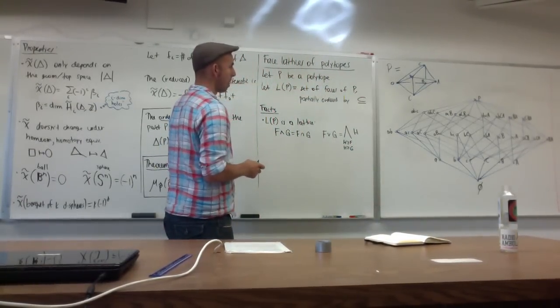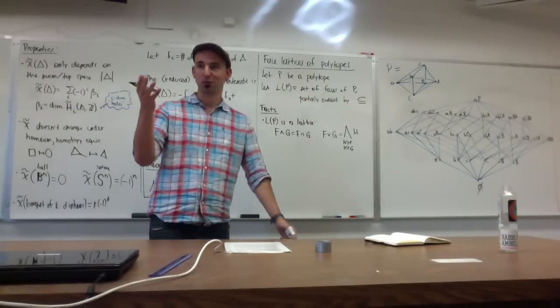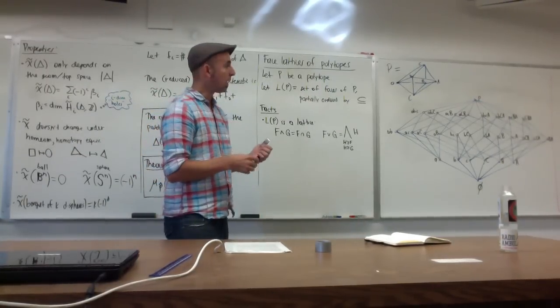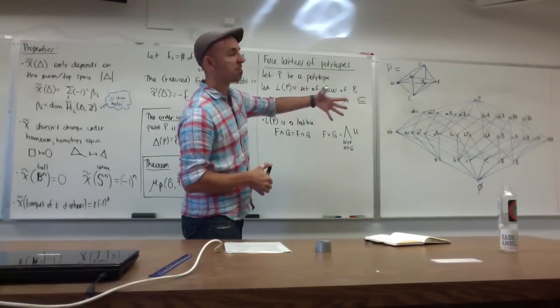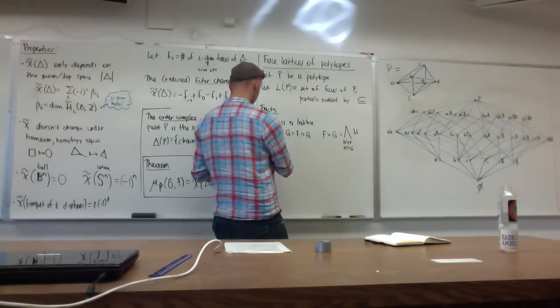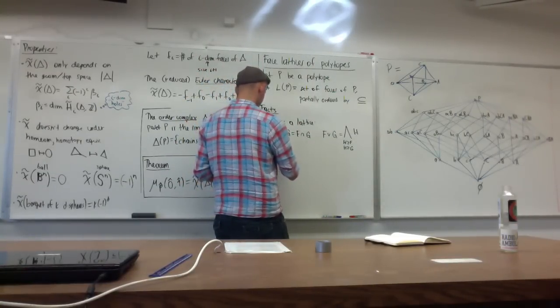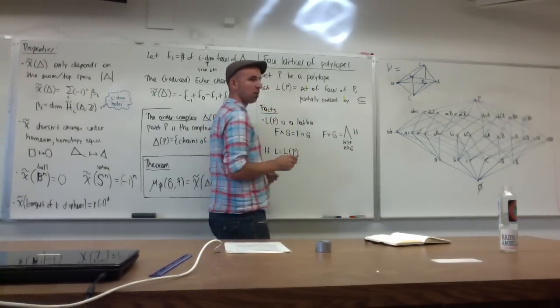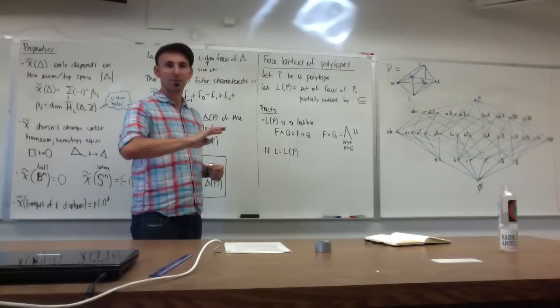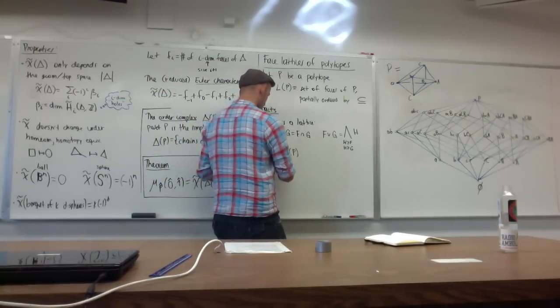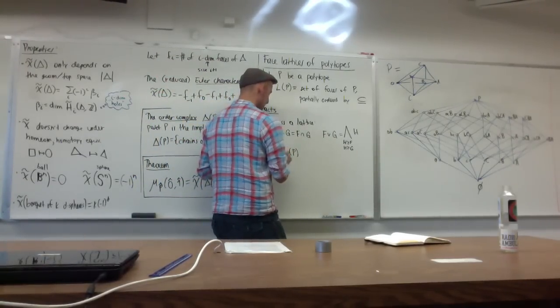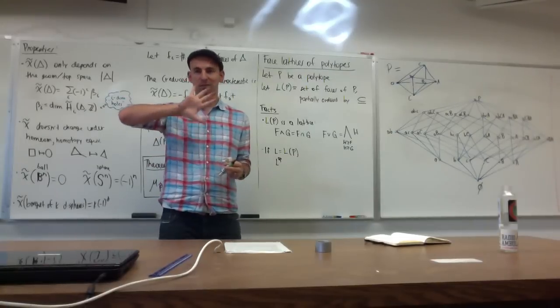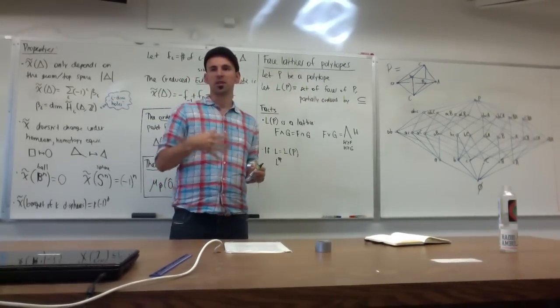Now, maybe to go back to what we just said, what happens if I reverse the poset? So if L is the face lattice of a polytope, what happens if I consider L opposite? It's the same poset, just upside down.